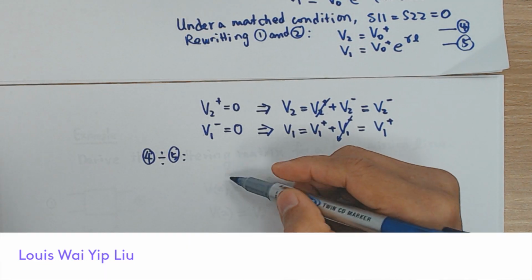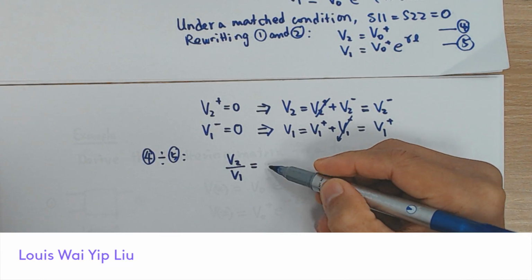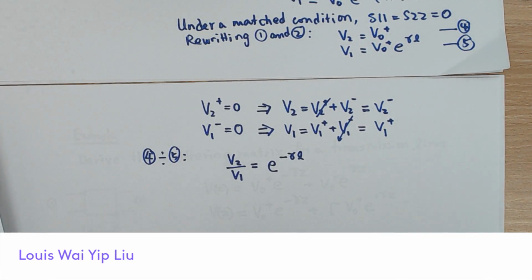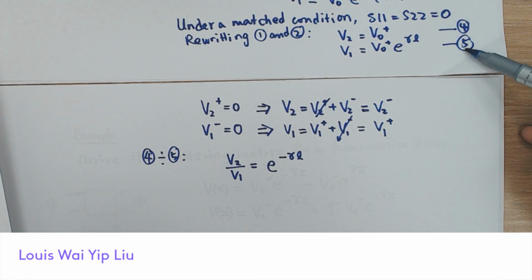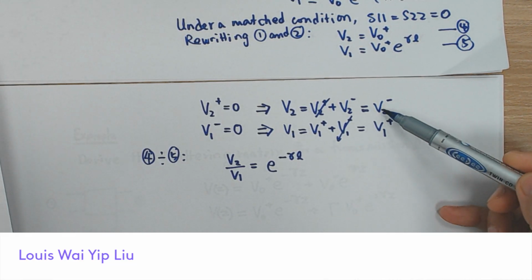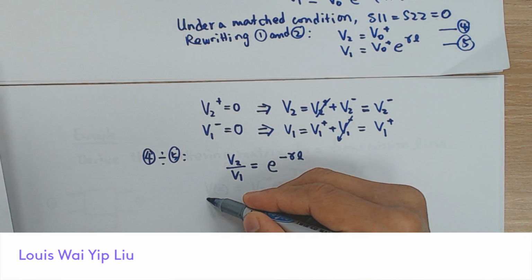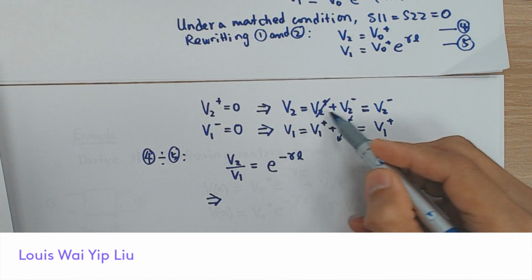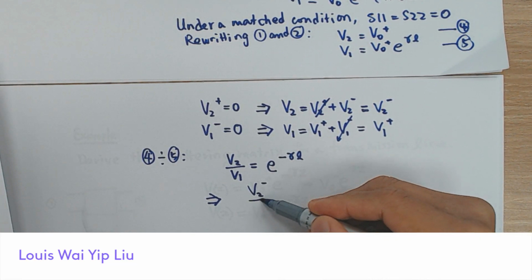V2 divided by V1 is equal to, we have got this interesting result. According to here, equation 4 divided by equation 5, it is like this. And now we are going to substitute this value back to this equation, and you will be surprised. V2 is actually equal to V2 minus. V1 is actually equal to V1 plus.